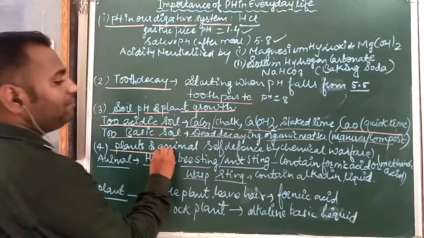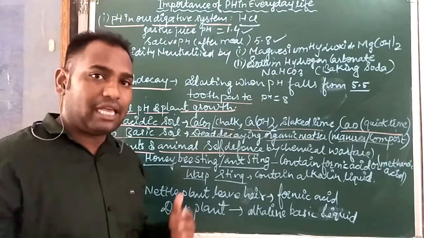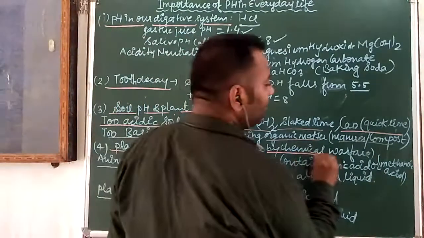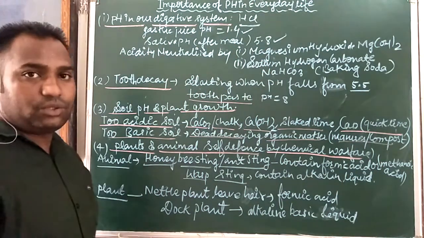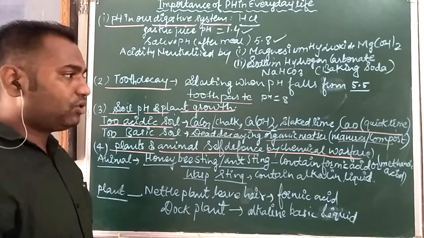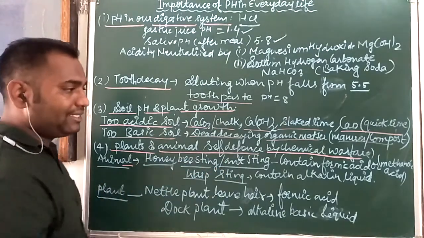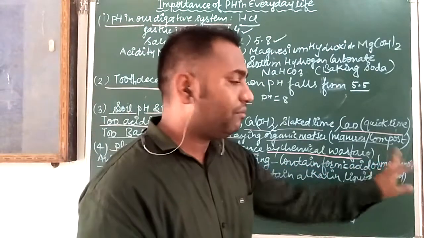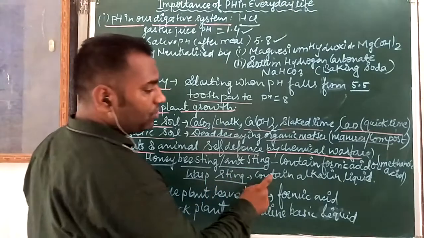Now, plants and animals' self-defense. Plants and animals have a natural gift of self-defense, injecting chemicals into enemies. Animals like honeybees and ants have stings containing formic acid or methanoic acid, which they inject into another person, and the wasp sting also.